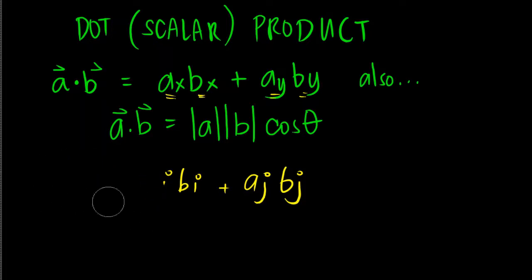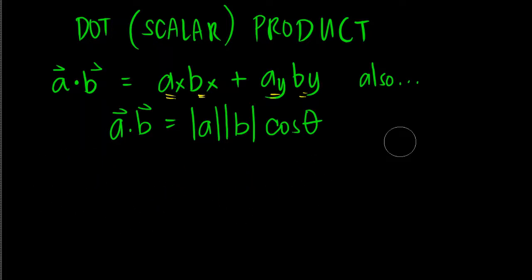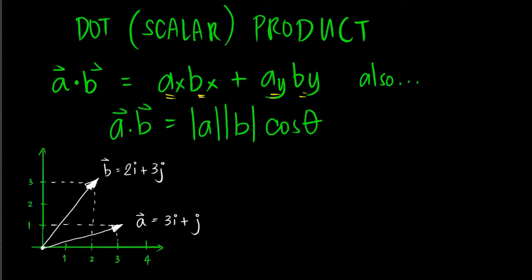Okay? So, let's use the image from earlier. For example, we want to look for the dot product of these two vectors.